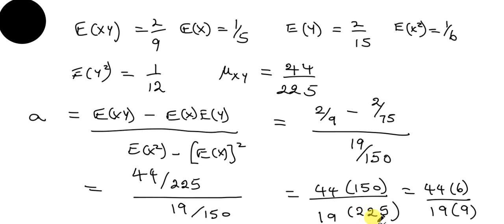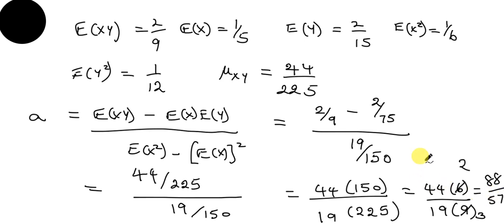So 25 into 9 will give you this value. This can be further simplified. So 6, 3 will go in this 2 times and 3 will go in this 3 times, giving you 88 divided by 19 into 3, which is going to be 57.